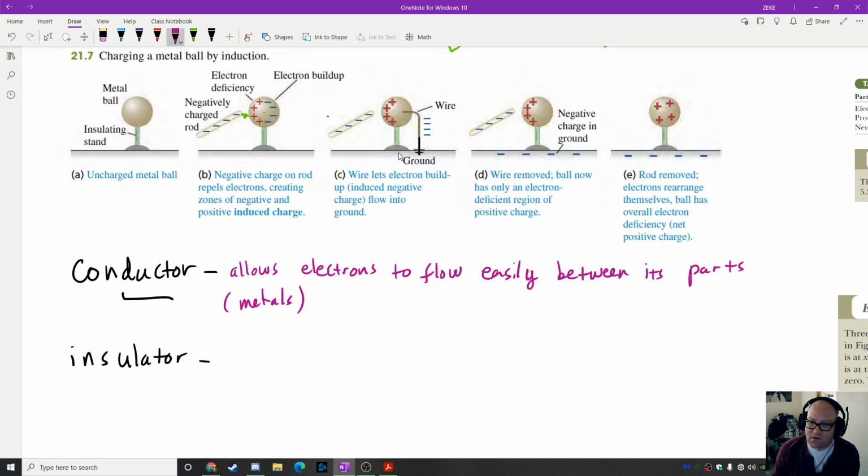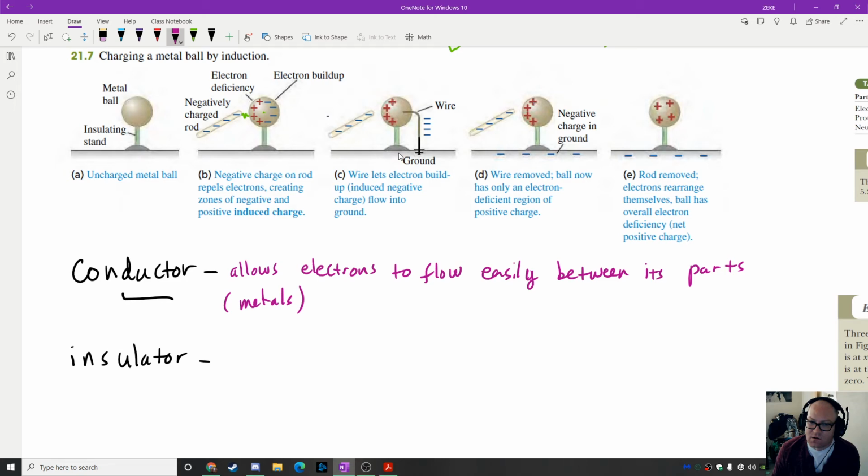And then there is one other type of object that kind of falls in between the two of them, which is called a semiconductor. Semiconductors are things like silicon, and you all probably know that they're very, very important for electronics. And the difference for a semiconductor is that, I'm not going to write this down because this is a little bit beyond the scope of this course, but it's important to understand a little bit.